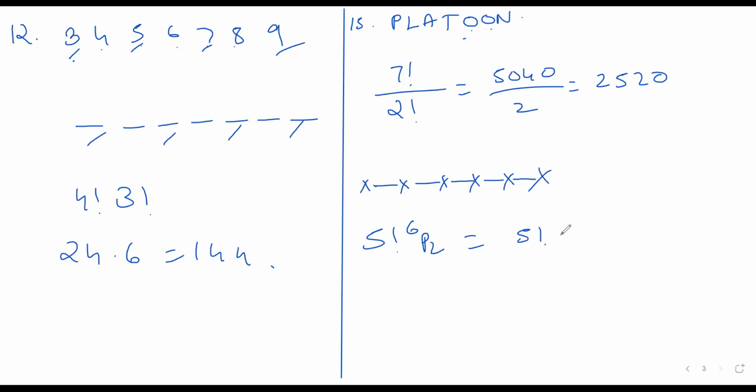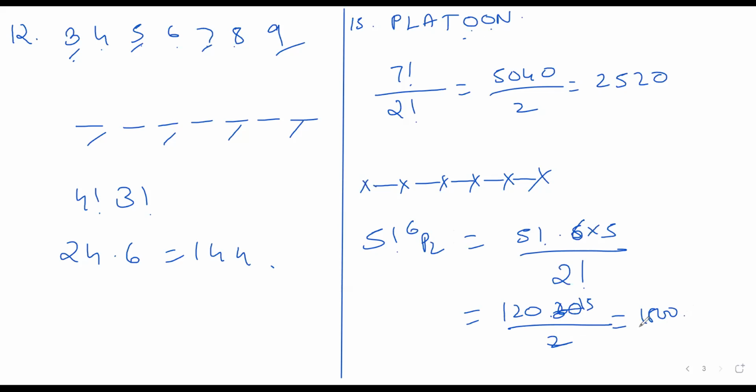So it is 5 factorial into 5 into 6 into 5. 6P2 is 6 into 5. Whole thing upon, because O is alike, 2 factorial. So 120 into 30 upon 2. 120 into 15. 1800.